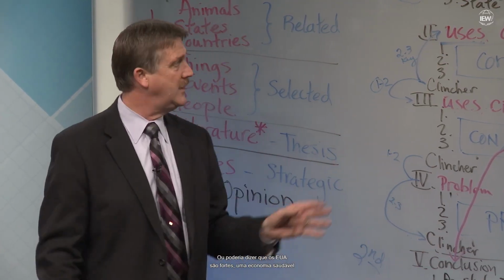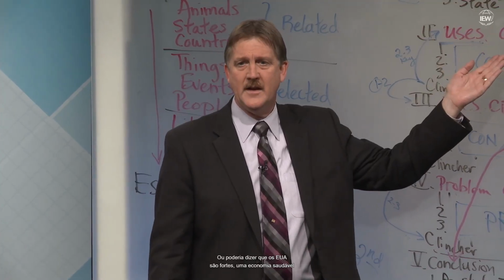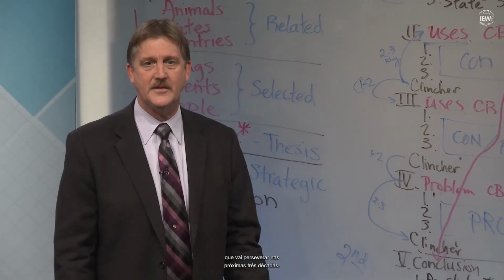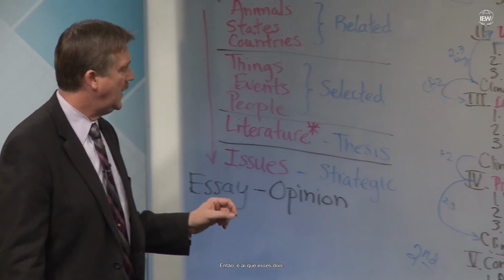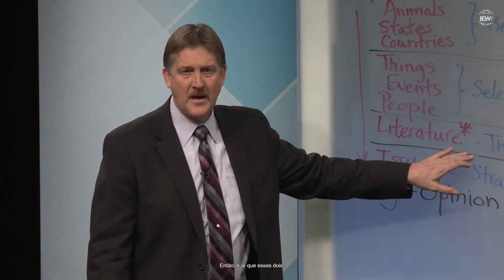Or I might say the United States is a strong, healthy economy that's going to persevere for the next 3 decades, and I would look for evidence to support that. You see? So that's where those come in. And I think some of the essay samples, if you read them, you'll detect, that's a thesis statement. And we'll get more into that with the literature. One more question. Okay, that'll be it, and then we'll take a break.